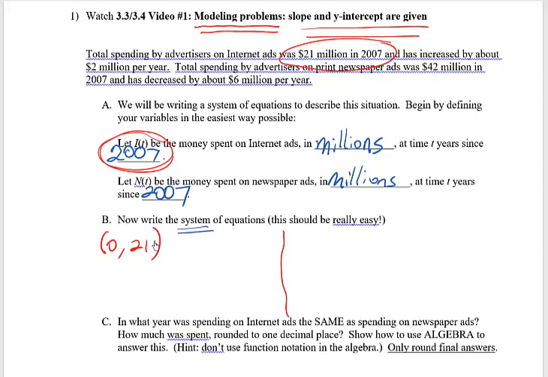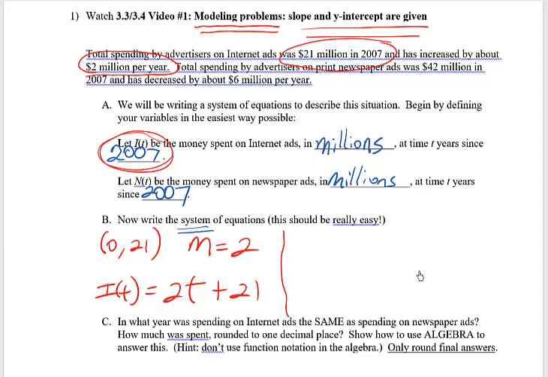What about the slope? Well, that's this per thing, right? It's been going up by $2 million per year. So my slope then is 2. It's handed right to me. Therefore, the equation, let's go ahead and use the right letters, would be I of t equals 2t plus 21. y equals mx plus b.